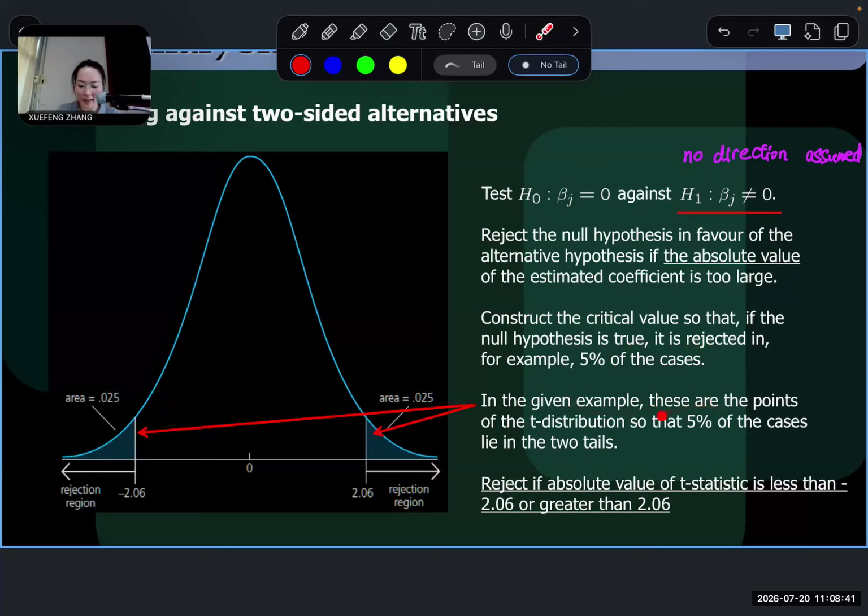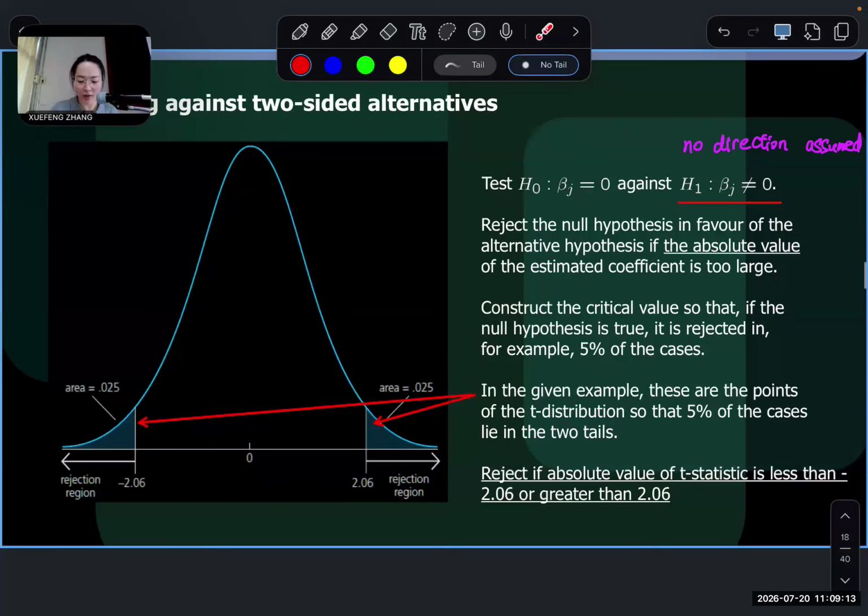So in this example, our critical values are positive or negative 2.06. And what is the decision rule? This is an important part to remember. We reject H0 if the absolute value of the t-statistic is greater than 2.06.